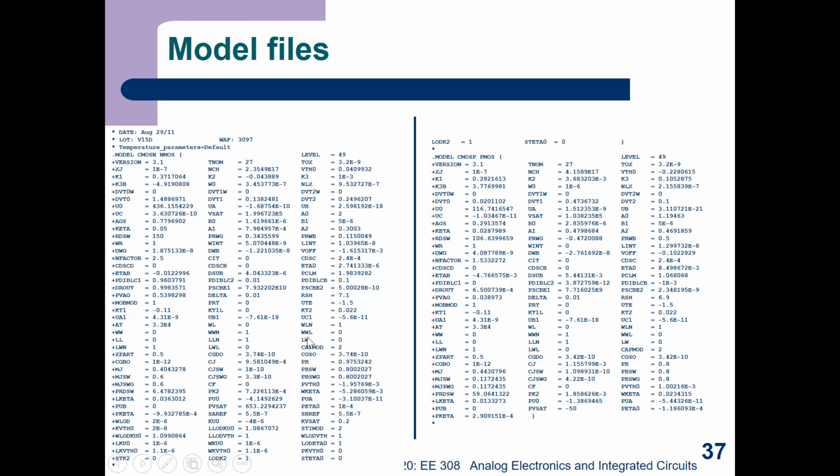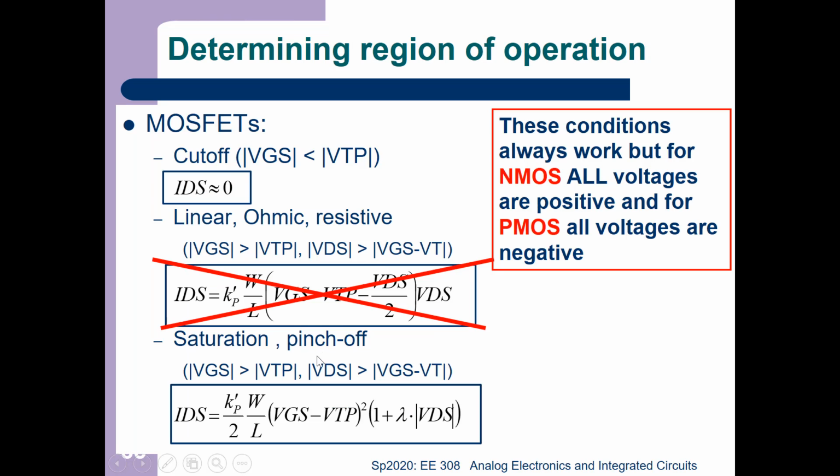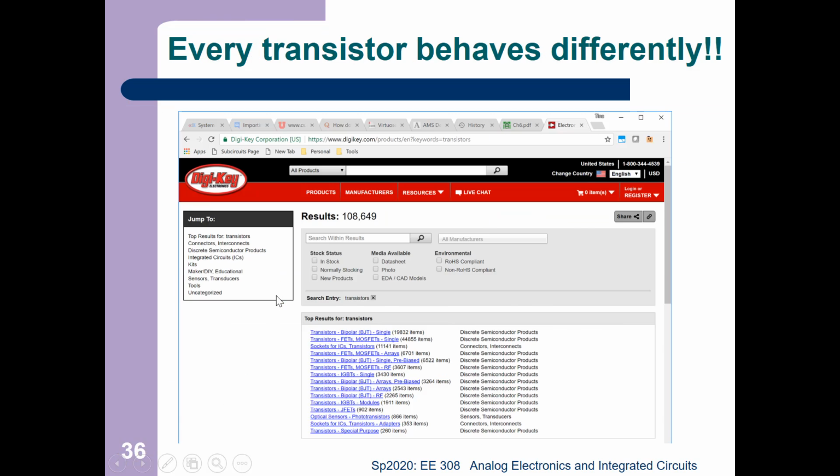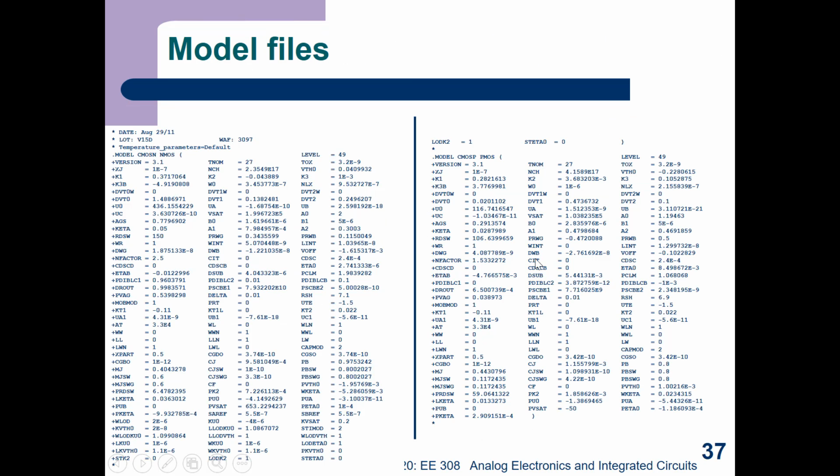The equation that the simulator uses to simulate your transistors is not this equation. This equation just needs 3 values. The equation that you use when you're using this model uses all of these values, so maybe 100 different values that you need to plug into the equation to get your current output. And this is for the PMOS over here.